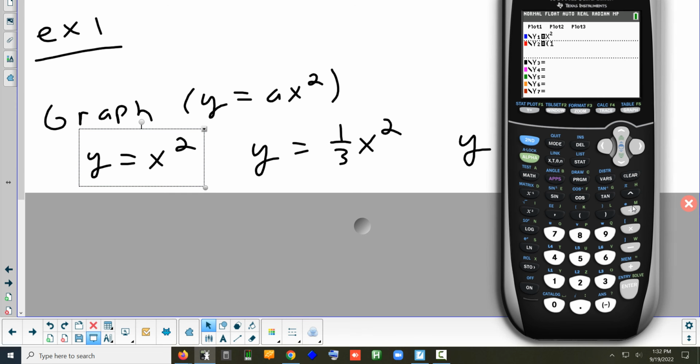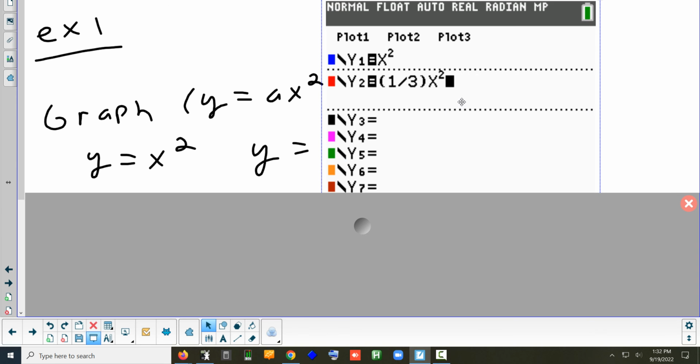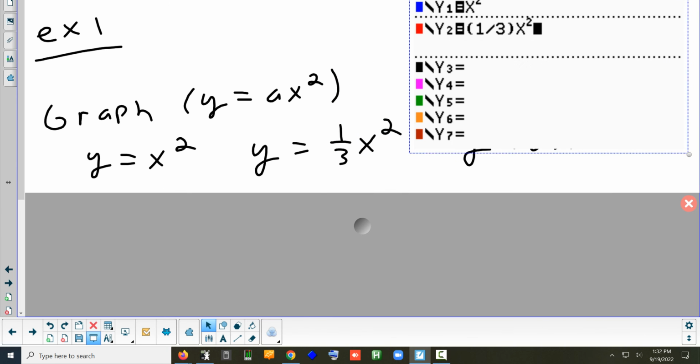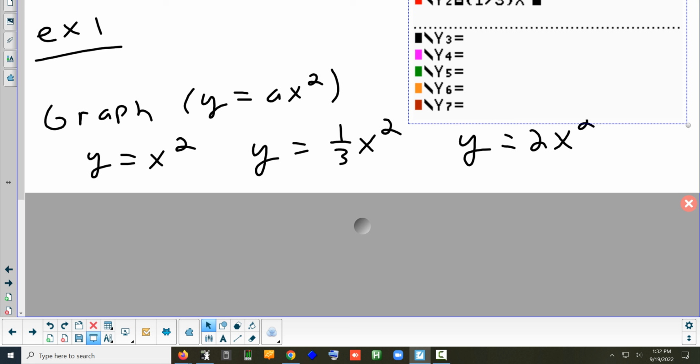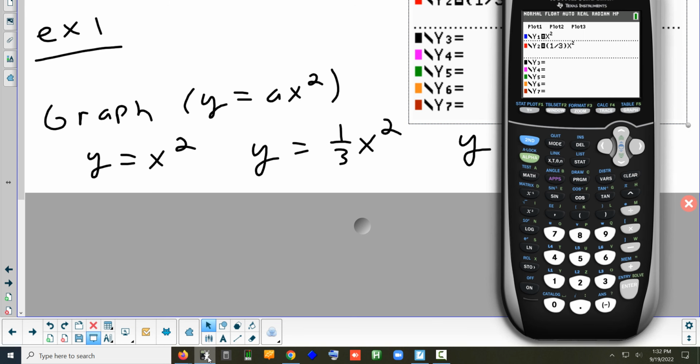So let's try putting in 1/3. That's how you would do it. Just like that. 1/3 x squared. And let's try 2x squared. Okay, I already set my window last time.